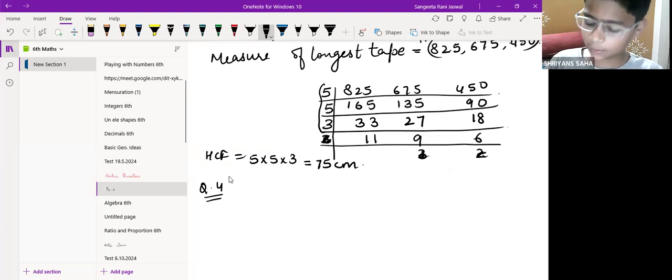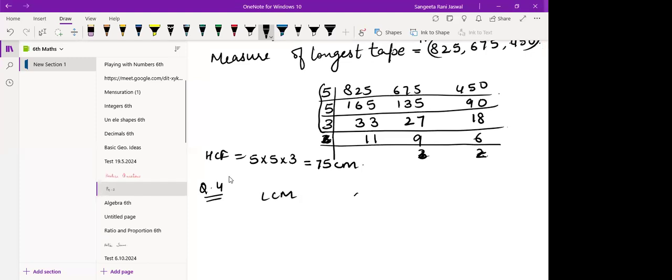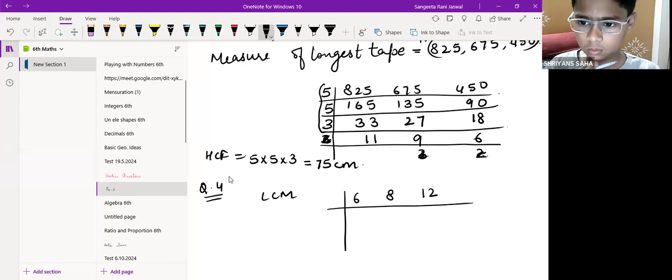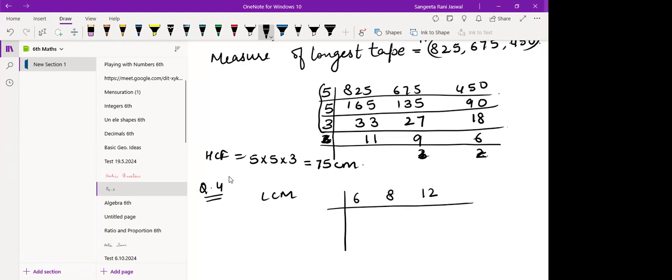I got 36. It is a 2-digit number. Just a second. 6, 8 and 12, no? So we find the LCM of 6, 8 and 12. Yes, ma'am. Right? So what do you get here? What is the LCM you have got? 2, 3, 2, 4, 2, 6.